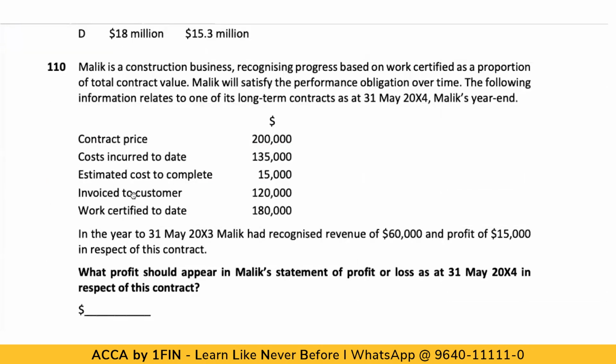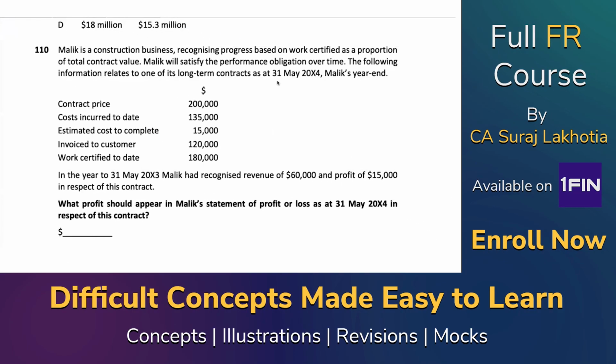Whatever is invoiced to the customer is not relevant from the point of view of revenue accounting. Revenue recognition should be based on the work that has been completed by the entity and the work that has been certified. So in examination, don't think that the billed amount to the customer is relevant in revenue recognition.